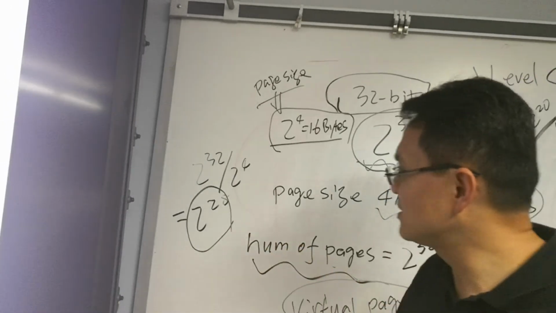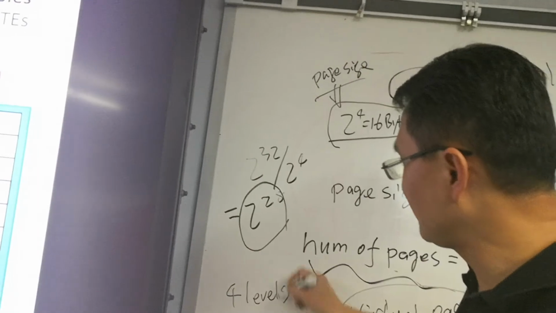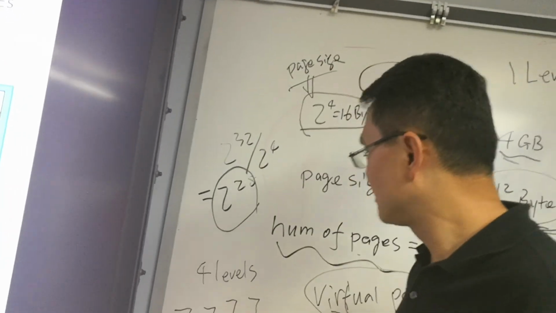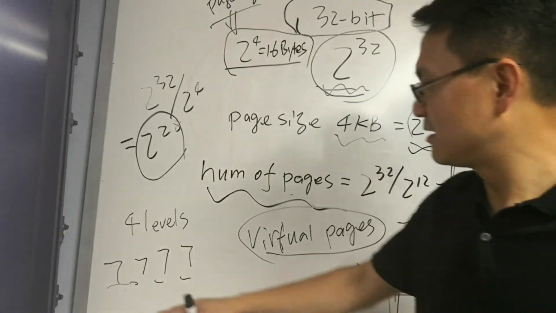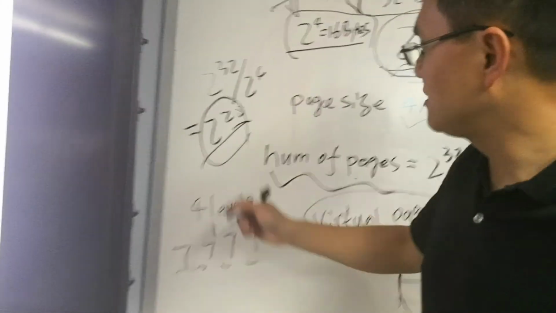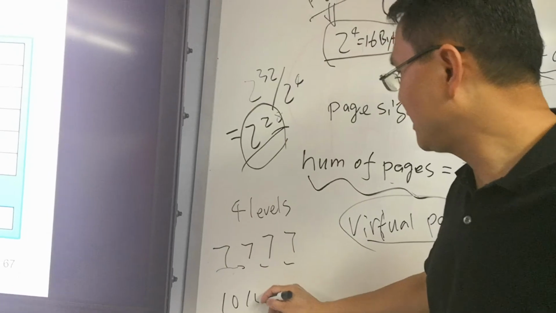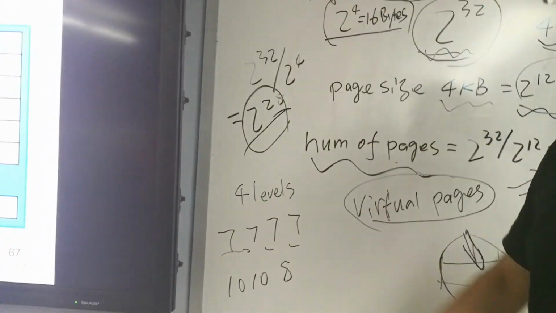For example, 4 levels with each level being 7 bits, or 3 levels with 10, 10, 8. Whatever the way, as long as the sum of them equals 28.